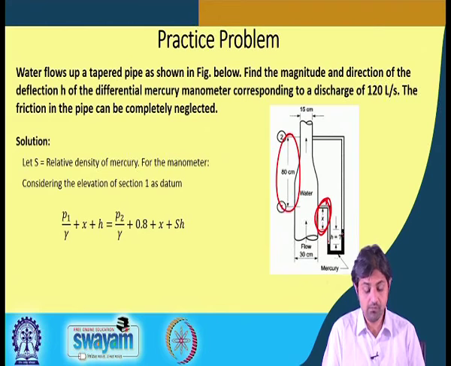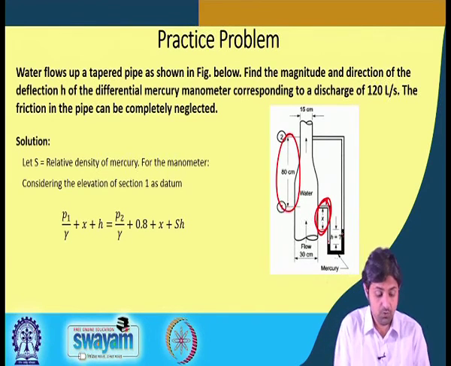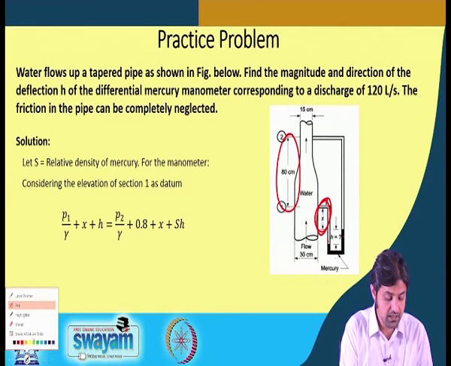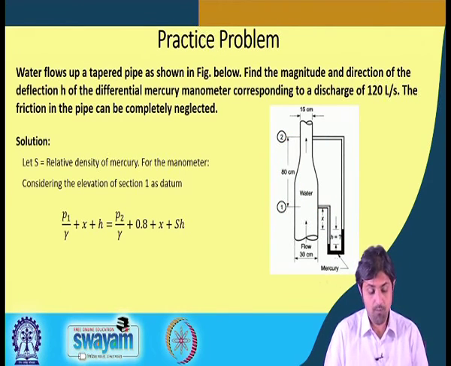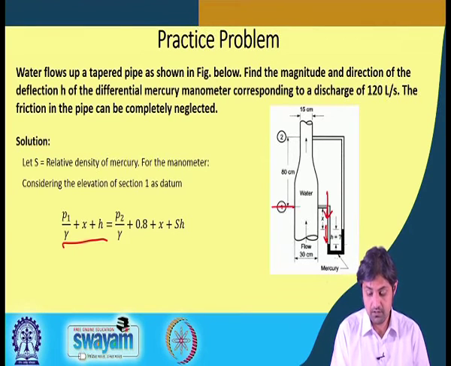All right, this is from fluid statics. What we are doing is equating the pressures here. So, P1 by gamma plus X: you see this here, start from here, we go down X, plus we go down H again. So this starts at 1.